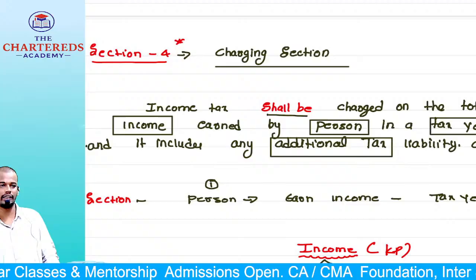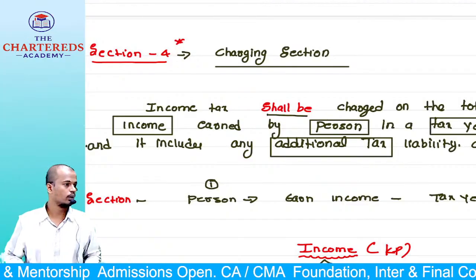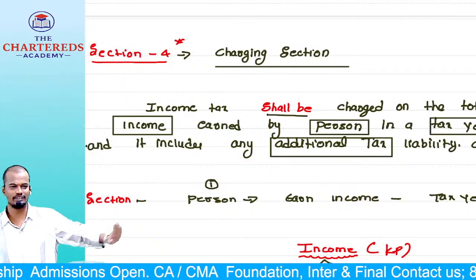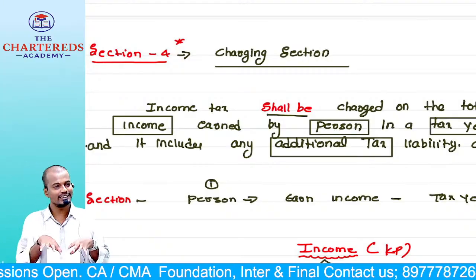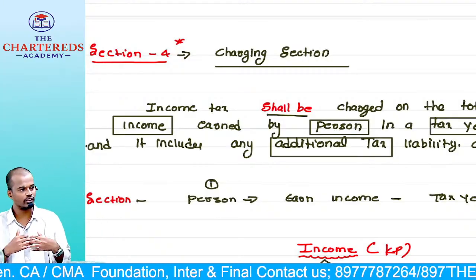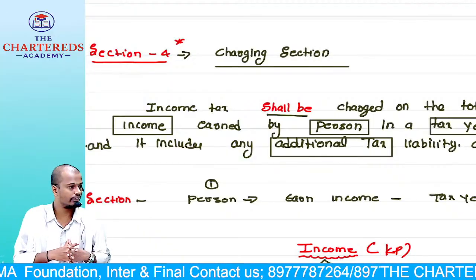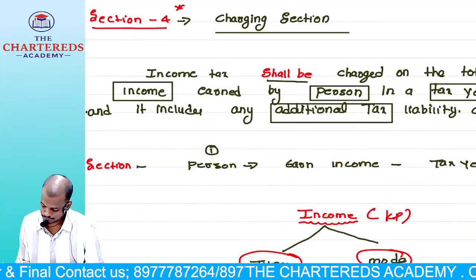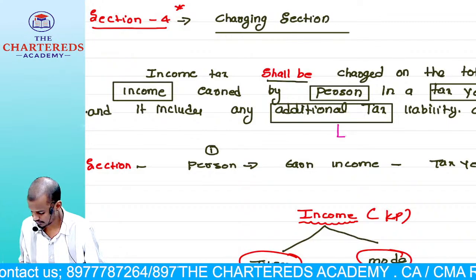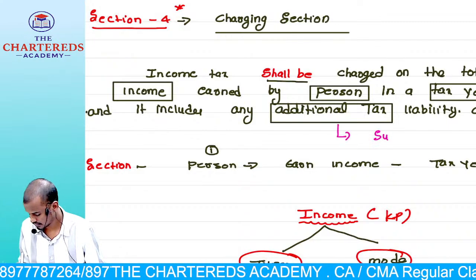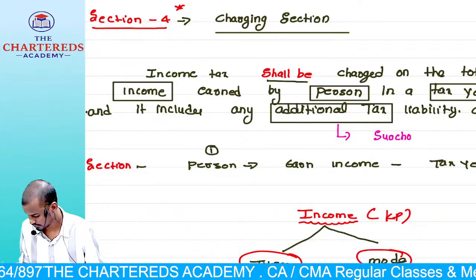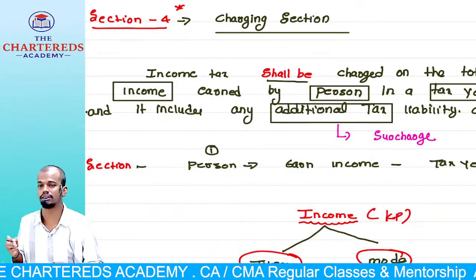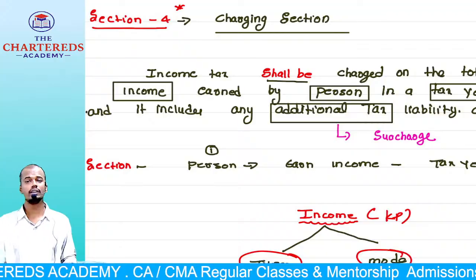What is the meaning of additional tax? Cess is not tax; that will be the difference. So it includes any additional taxes also, if required. Additional taxes means there is a concept of surcharge.